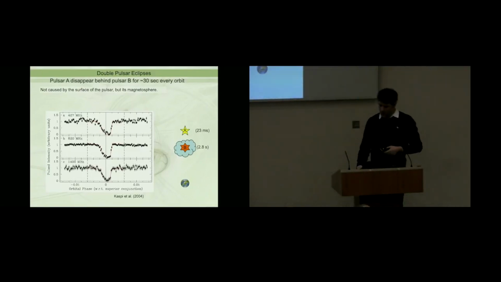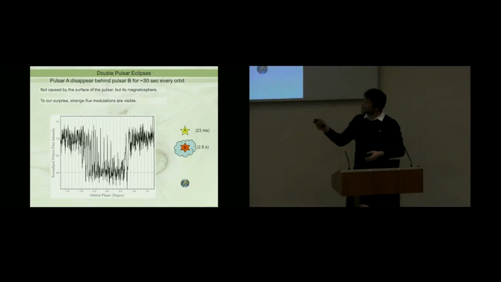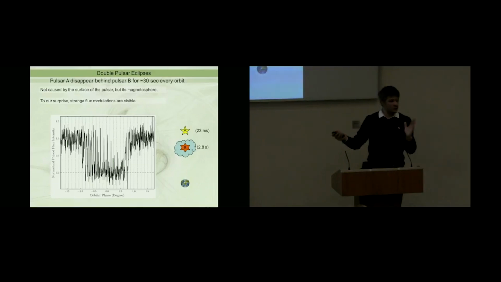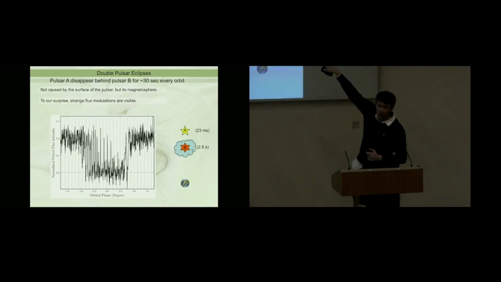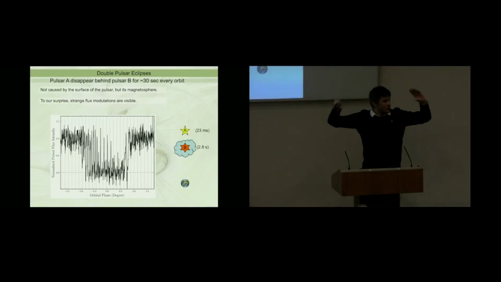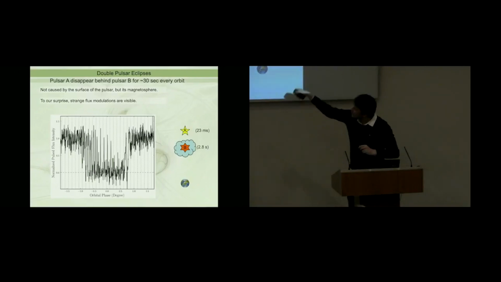To our amazement, when we took the same data and looked at a finer time resolution, we noticed that there are spikes in the data, but these spikes are not natural noise. So you can see here, this is just like noise. We cannot measure the intensity of light perfectly.